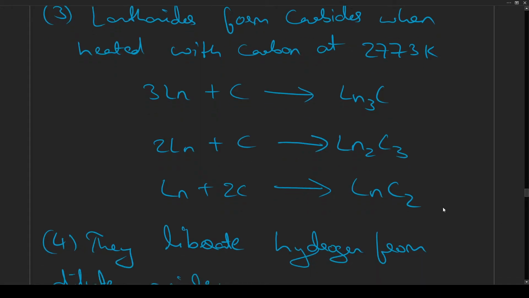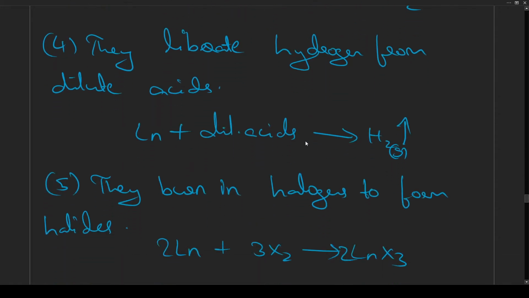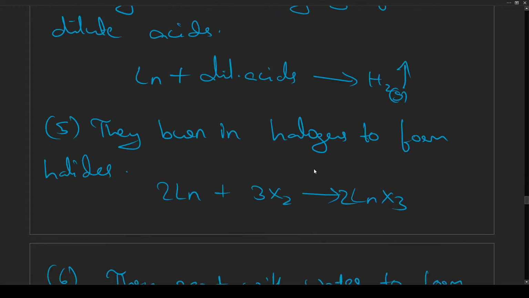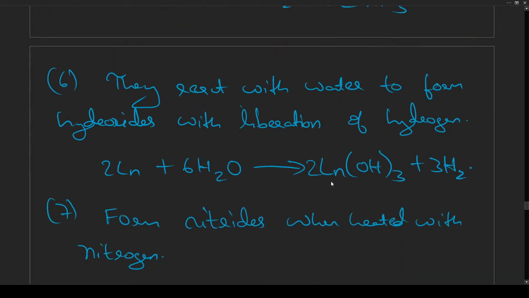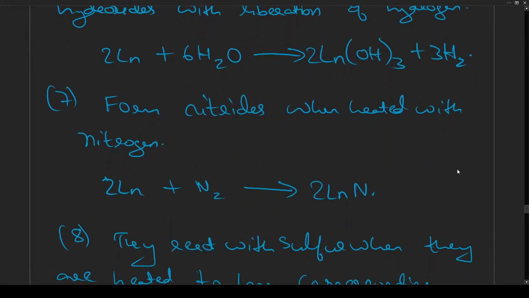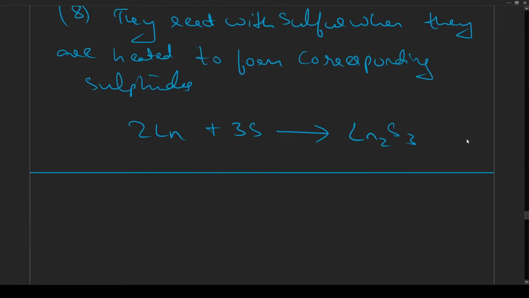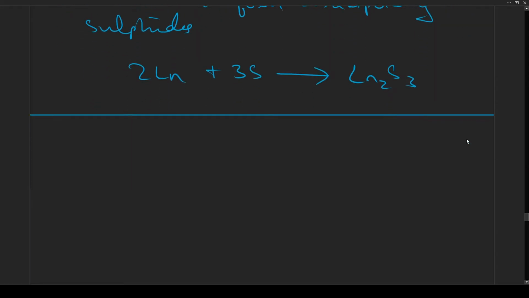They liberate hydrogen from dilute acid, meaning they are basic in nature. They burn in halogens to form lanthanoid halides. They react with water to form hydroxides with liberation of hydrogen, form nitrides when heated with nitrogen, and form sulfides when reacted with sulfur.